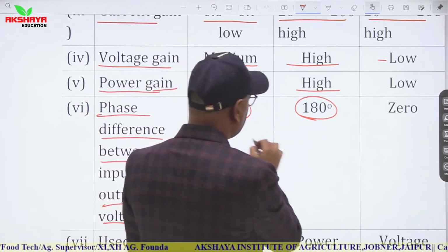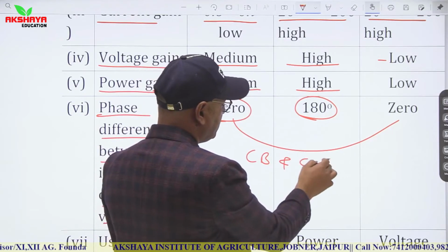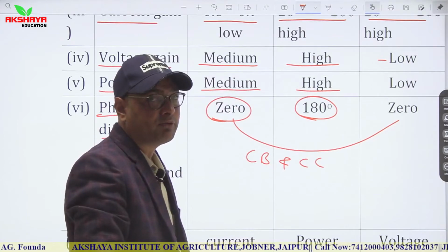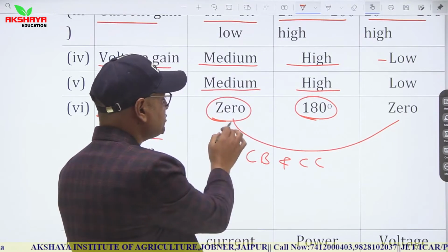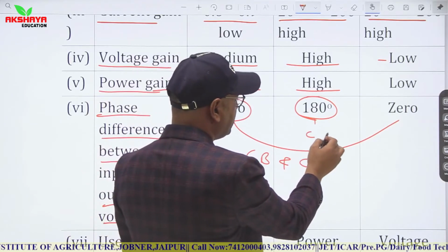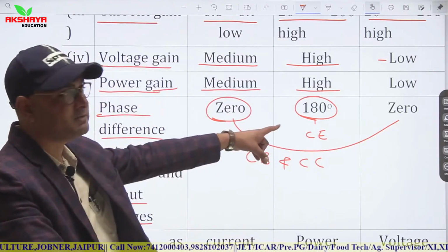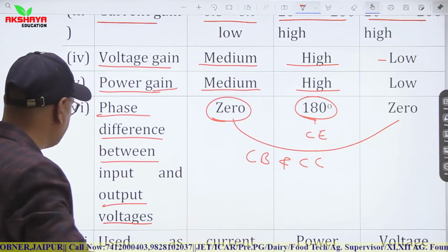So in case of CB and CC, input voltage and output voltage are in similar phase. It means there is no phase difference. Phase difference is 0. While in case of CE configuration, input and output voltages are in opposite phase. Opposite phase means phase difference is 180 degree.